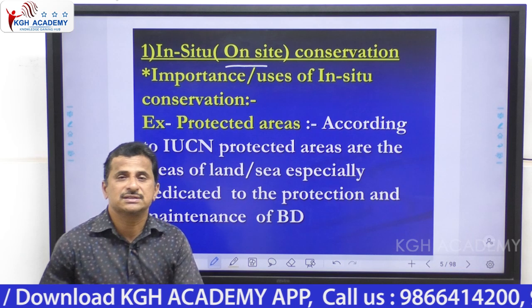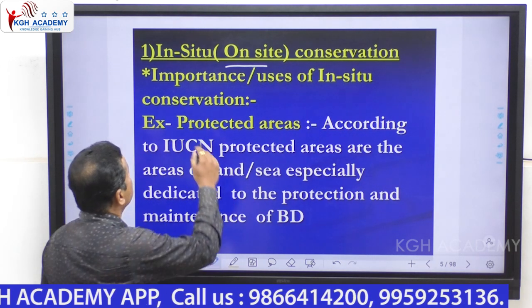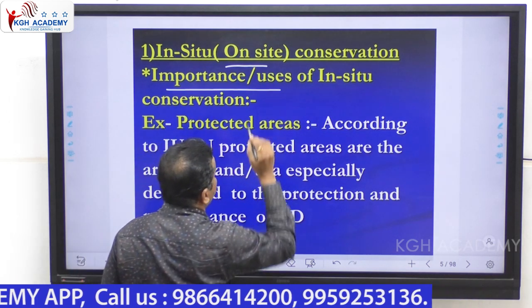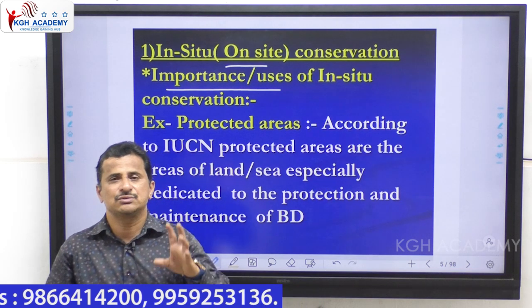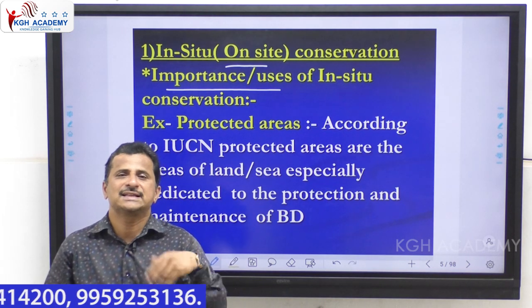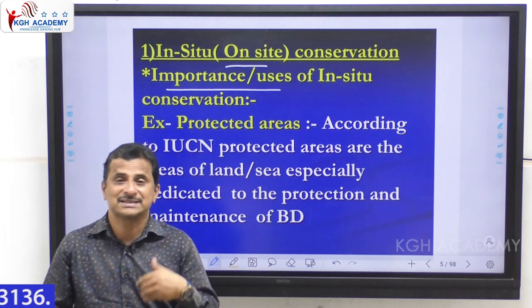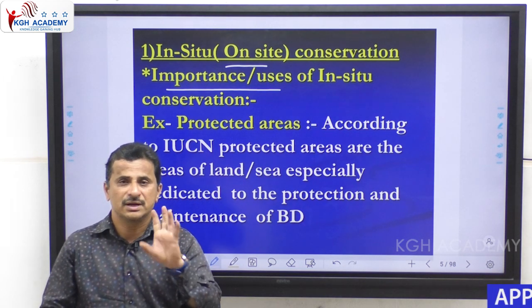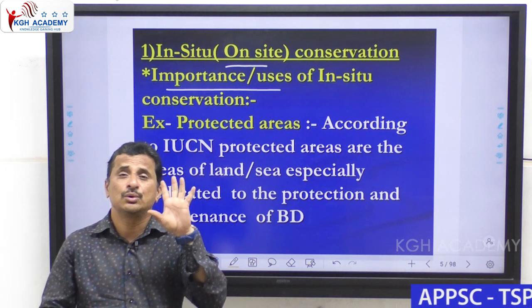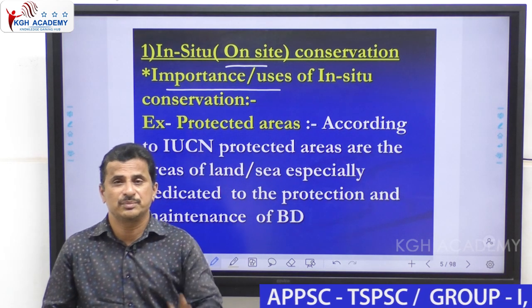Compared to ex-situ conservation, in-situ conservation has more advantages. That's why I am highlighting the importance and uses of in-situ conservation. In case in-situ conservation is not possible, the next option is ex-situ conservation. But wildlife biologists and scientists first give preference to in-situ conservation, because here the total ecosystem is protected and all organisms can be protected.